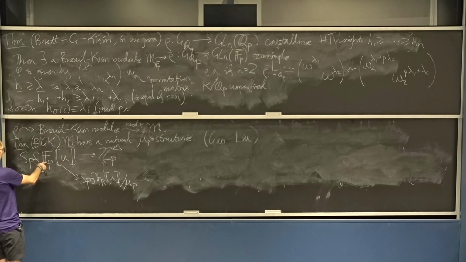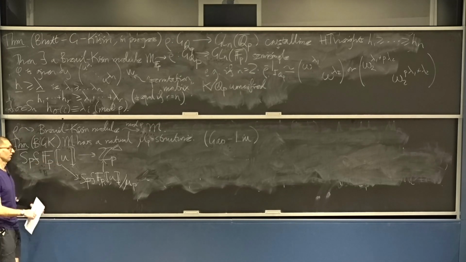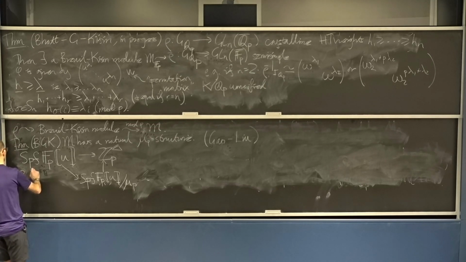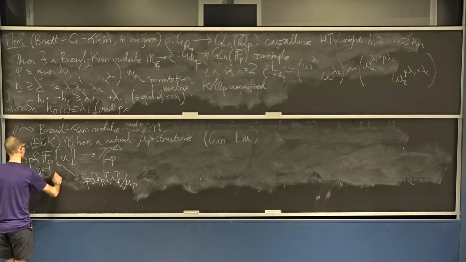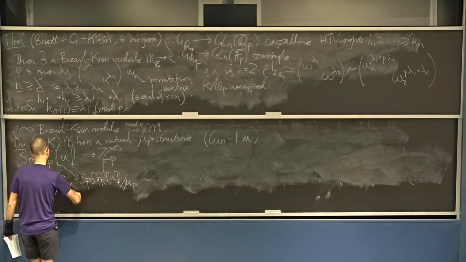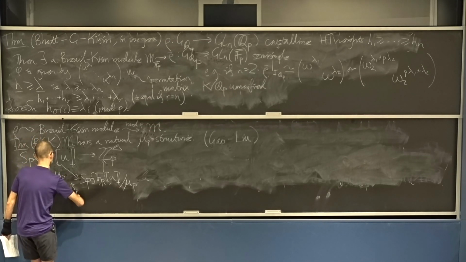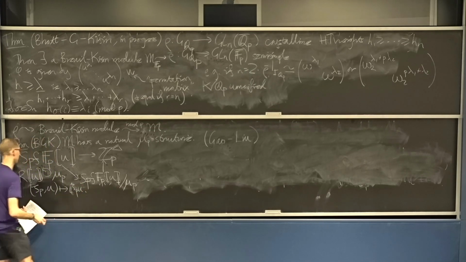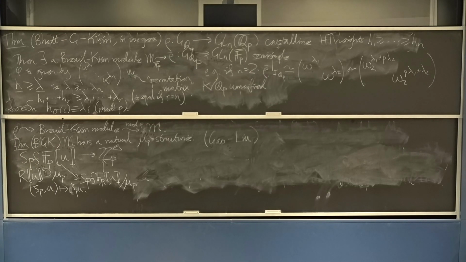If I look at the functor of points, I want to tell you how it acts on R double brackets u, where R is as before. The action of mu_p is given by: an element of mu_p acts on u by multiplication, so u goes to the element times u, and similarly for the higher powers.